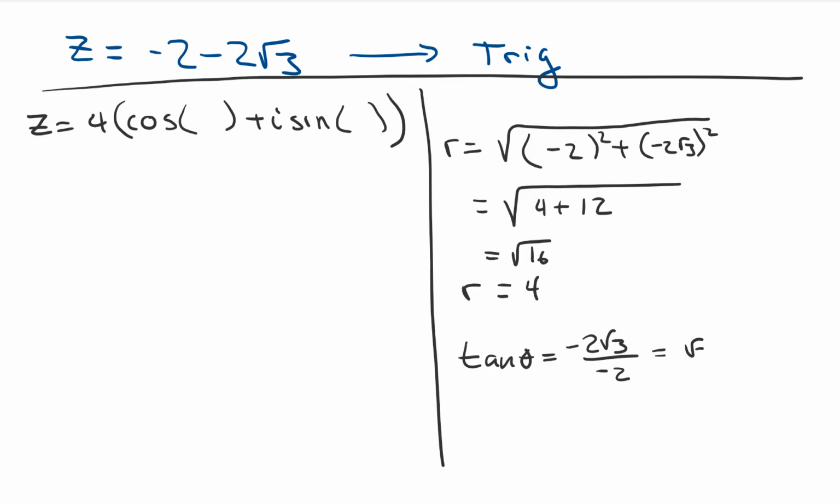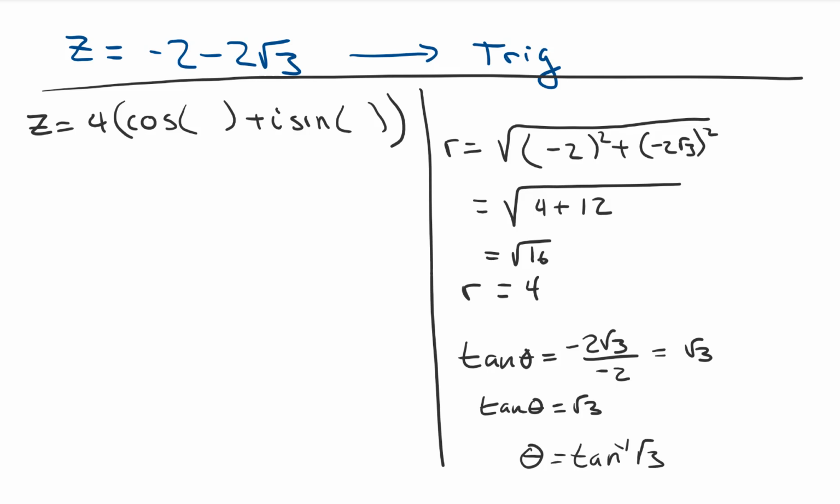So what's that? Just positive root 3. Tangent of theta is equal to positive root 3. And now if you hit this thing with an inverse, you would find out that theta was equal to, oops, why did I write a plus sign there? Wouldn't that be equal to pi over 3?